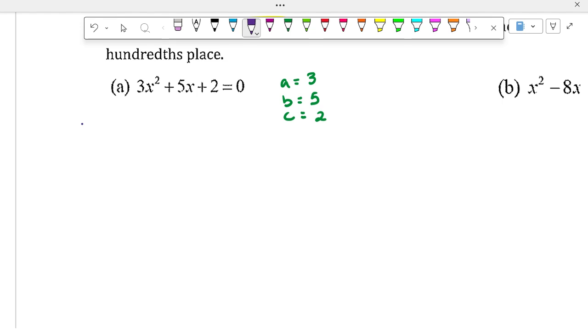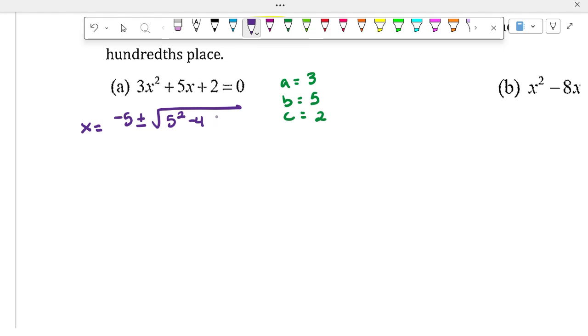So, walk me through it. X equals what? What comes first? -5, because that's negative B. Then plus or minus. Not yet. Square root. Then 5 squared. Then what? -4.